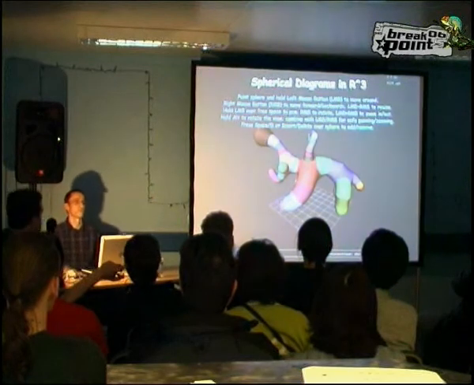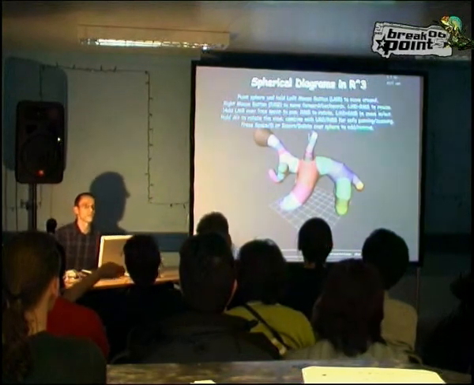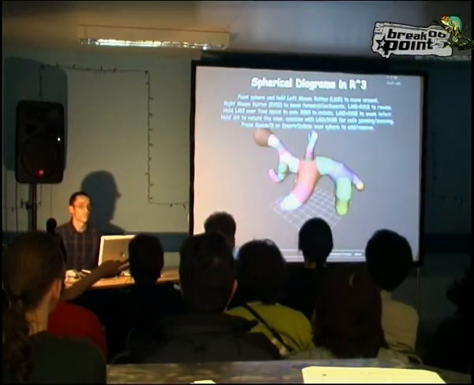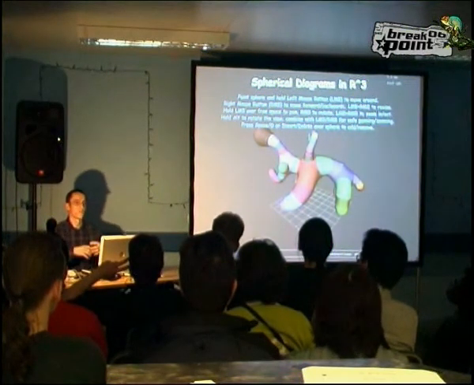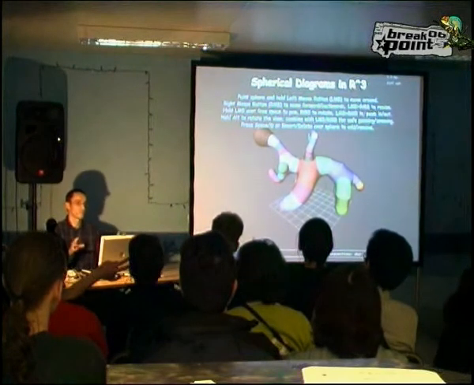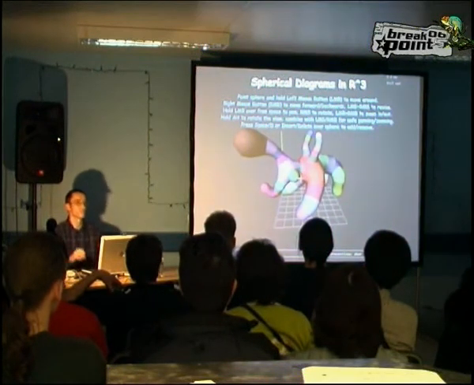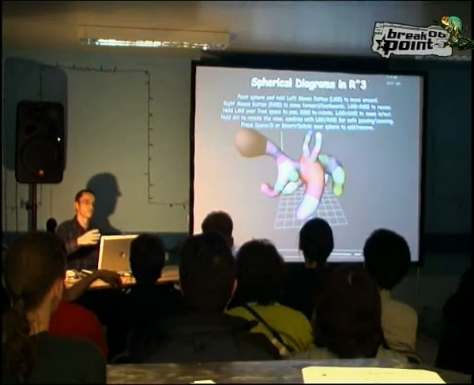Why I concentrated on making things from spheres: spheres give you a chance to actually generate geometry, not just edit like I do here, and it's very easy. You don't have to care about connections between spheres.